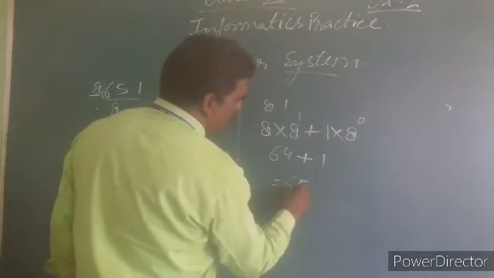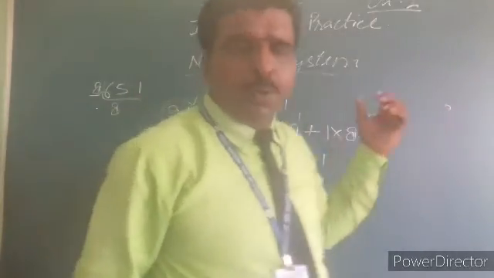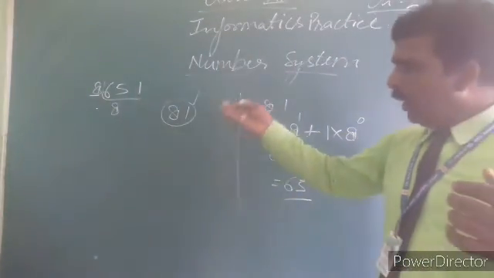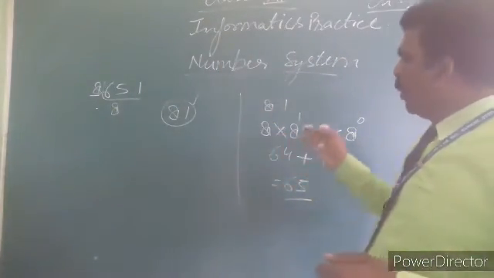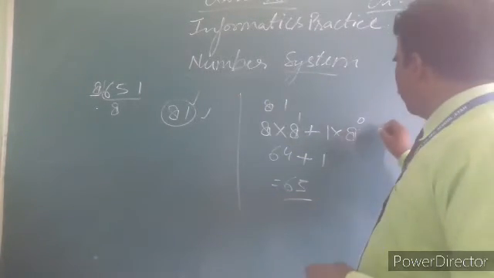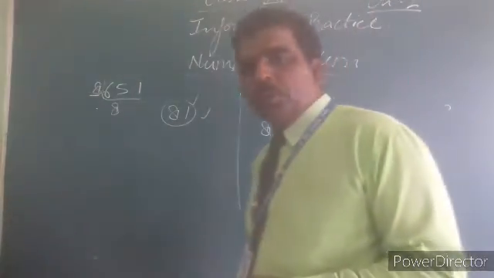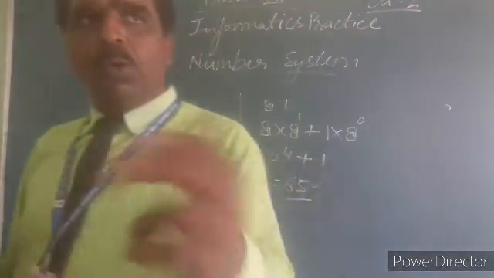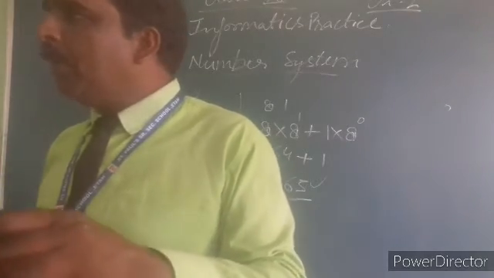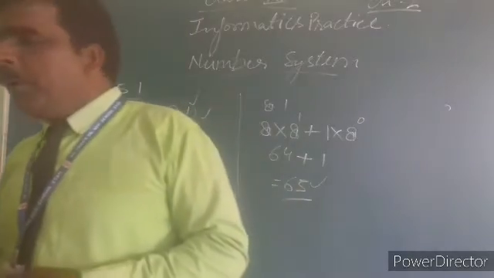Here 65 will be written. So it will be proved that if we are taking any numbers, that will be in the form of octal number, and in the decimal numbers this will be displayed. So this is the conversion of octal number to decimal numbers, and decimal number to octal numbers.